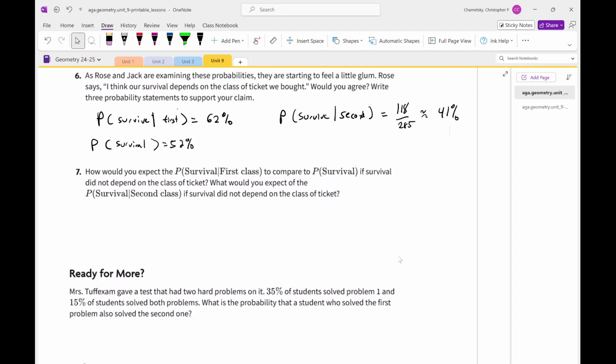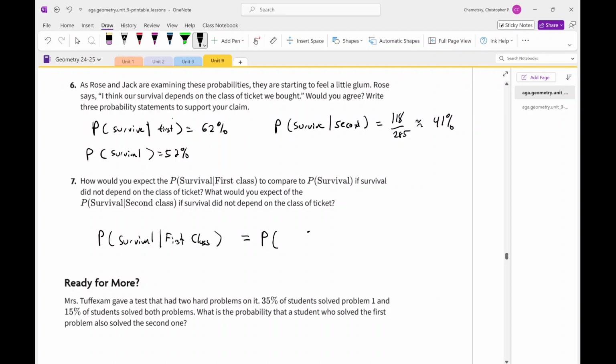So in other words, if survival was independent of class, we would expect that survival, whether you're in first class, would equal everybody's survival and would equal the same as surviving if you were second class.